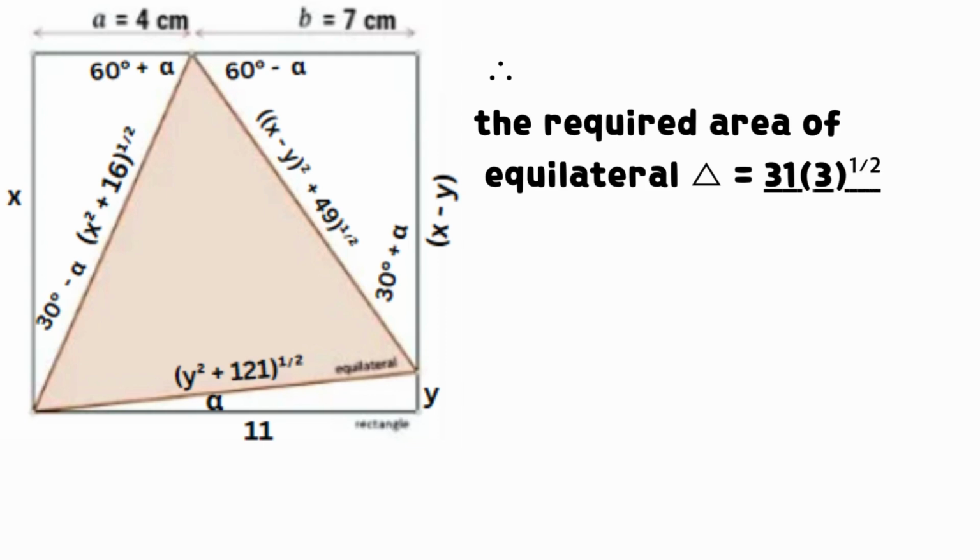Therefore, the required area of the equilateral triangle equals the product of 31 and the square root of 3 in square centimeters, or 53.694 square centimeters to 3 decimal places.